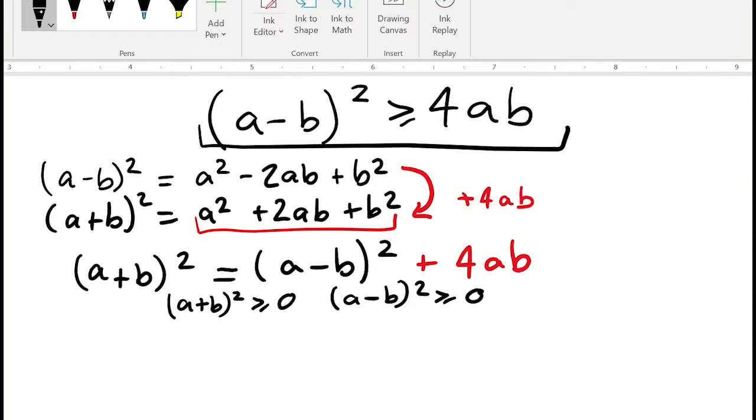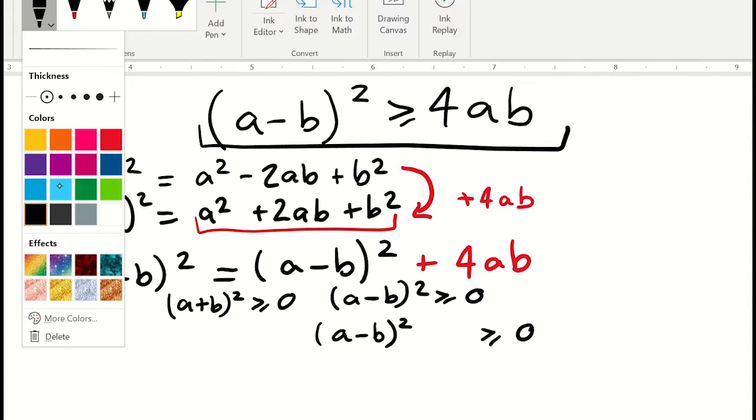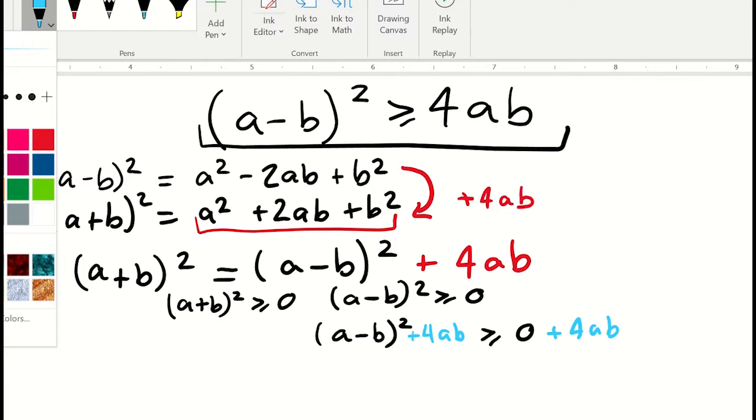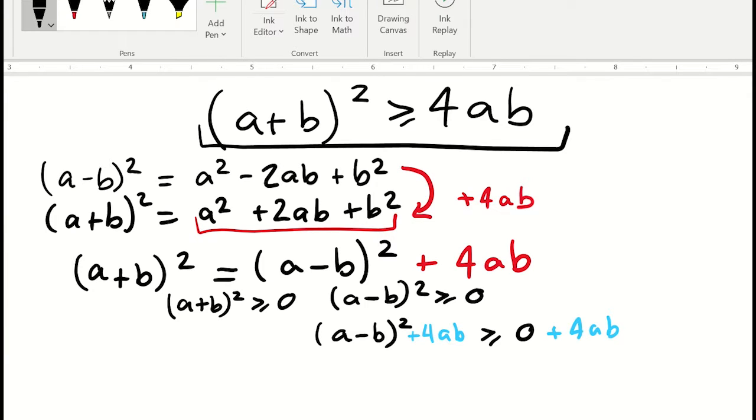So if I take (a minus b) and I plus a value to both sides of that inequality, which once again, we know we can do according to our inequality proofs, I plus a 4ab and I plus a 4ab. That is my mistake. This should be a positive here. I'm wondering why it's not working out, but yes, that's just because I was supposed to have a plus in the question.